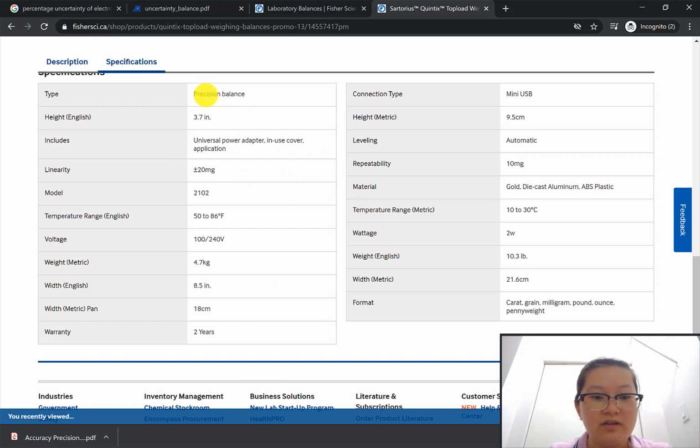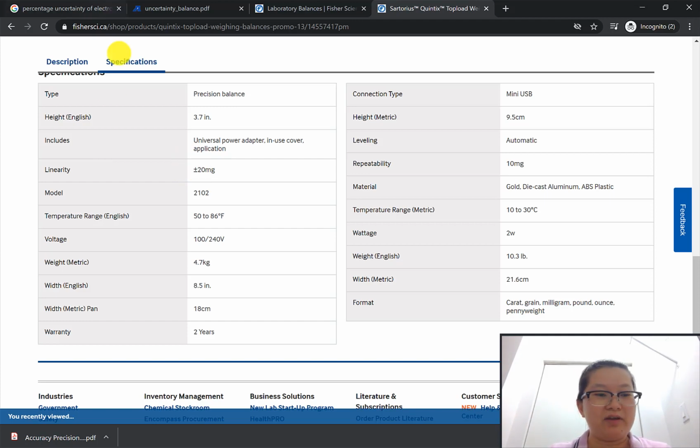And there's a lot of numbers, and you might be wondering where to look, okay? Now, 2 numbers hopefully will jump out at you. This one here, linearity and repeatability, okay? So you might think, oh, I'm just going to use this one, plus minus 20 milligrams, because it has a plus minus sign. That's the sign for uncertainty.